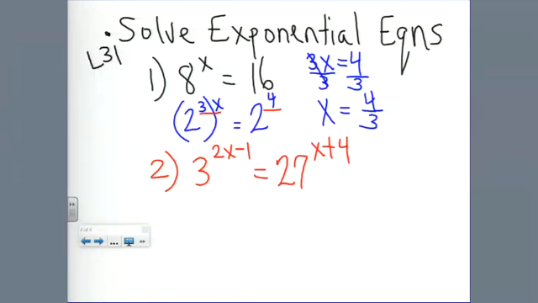On the left side, the base 3 is already in simplest form. So let's rewrite the right-hand side base, 27, also as base 3. So we know 27 is 3 to the third power.